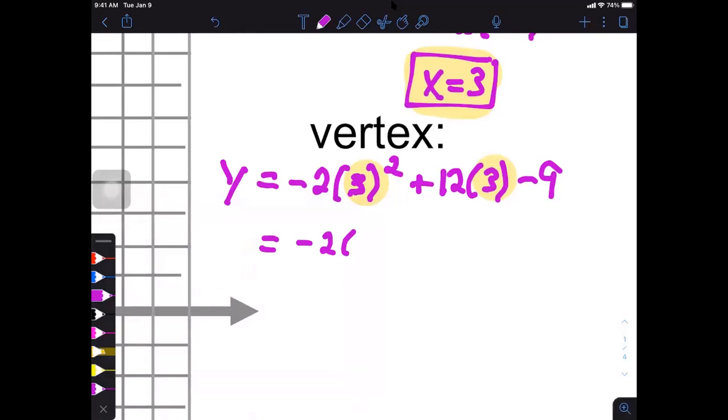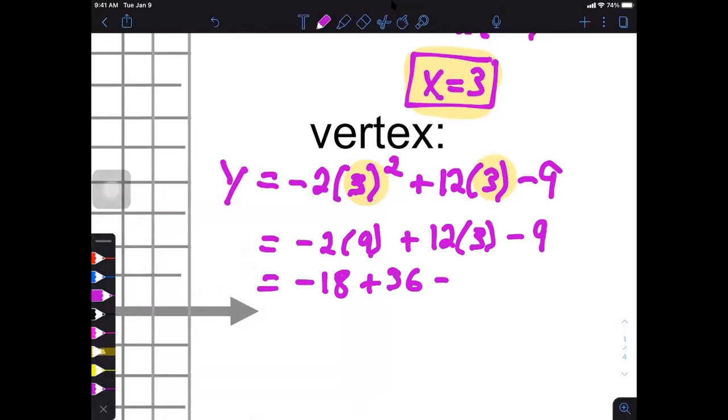So you get -2 times 9 plus 12 times 3. If you want to go ahead and multiply right there, that's fine. Now we're going to do our multiplication. -2 times 9 is -18. 12 times 3 is 36. Minus 9, you subtract and add from left to right. So -18 plus 36 gives you +18, minus 9, and then 18 minus 9 is just 9.